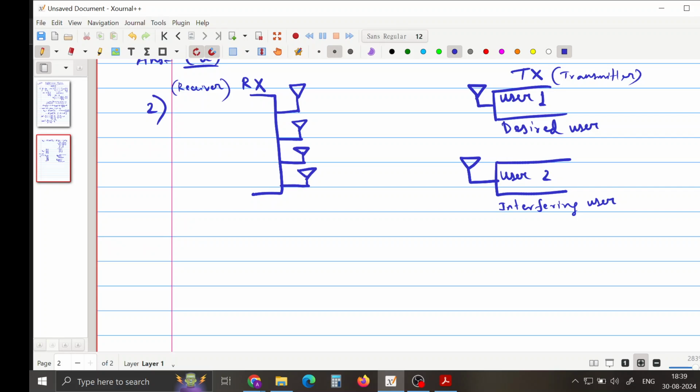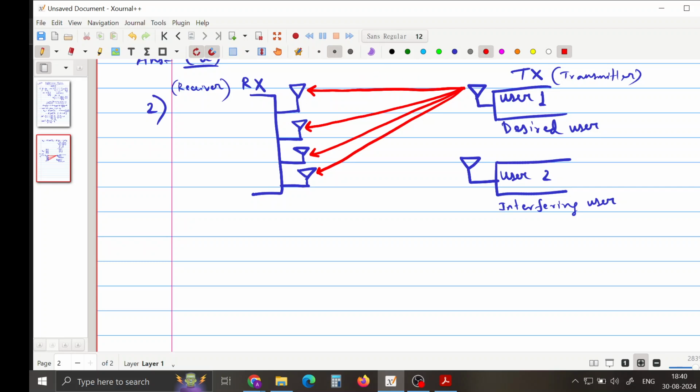And of course there will be links, right? From the antenna of user 1, this can be one link to the receive antenna 1. Similarly, from user 1's antenna, there could be another link to the second receiving antenna, to the third receiving antenna, and similarly to the fourth receiving antenna. And these links have some channel coefficient.